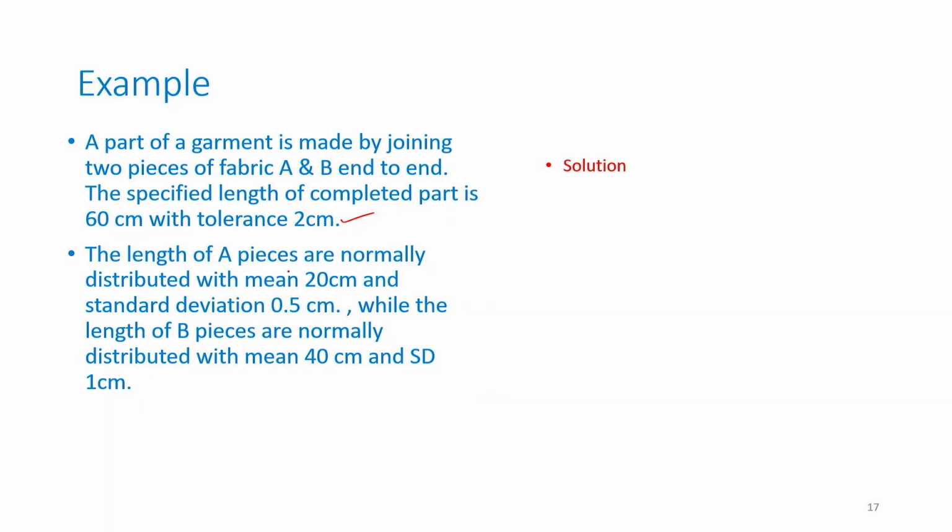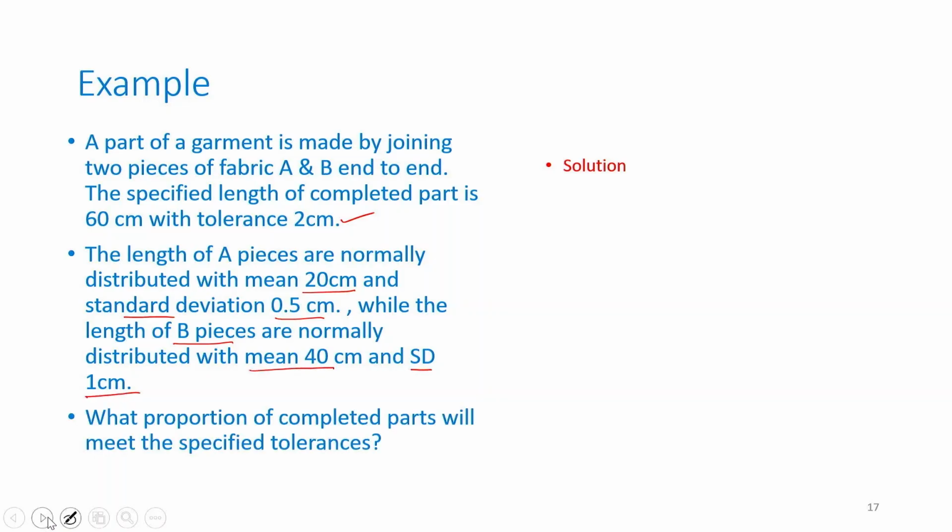The lengths of A pieces are normally distributed with mean 20 cm and standard deviation 0.5 cm, while the B parts are again normally distributed with mean 40 cm and standard deviation 1 cm. This is what is given. What proportion of completed parts will meet the specified tolerance? That is, the total should be 60 with a tolerance of 2 cm.